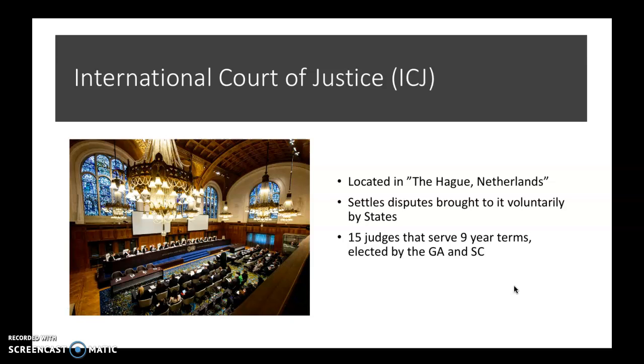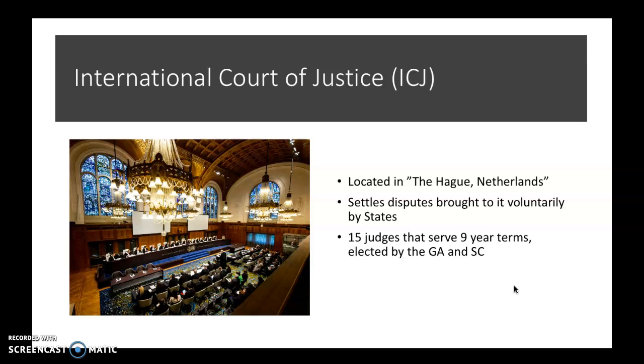And in addition to that, whatever recommendations the ICJ makes, these member states volunteer to follow them. So you can imagine that the ICJ is oftentimes not very effective in actually enforcing international law.